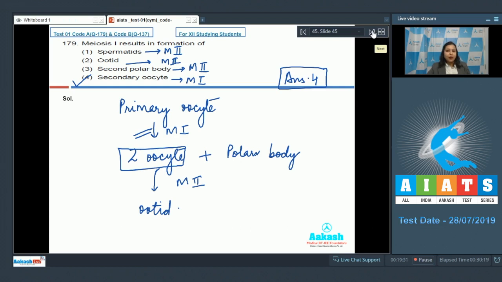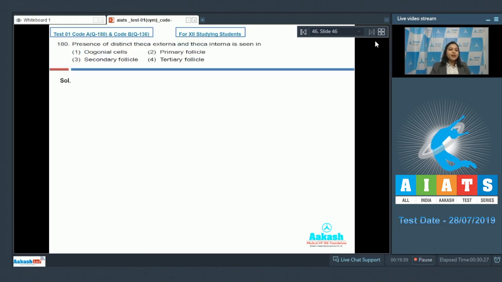Moving on to the last question of the paper. Question 180 says that the presence of distinct theca externa and theca interna is seen in. These are the 2 layers which are present in the Graafian follicle. Let's find out where they should be present. Oogonial cells, primary follicle, secondary follicle or tertiary follicle. The formation of theca externa and interna is very distinctly seen in tertiary follicle.